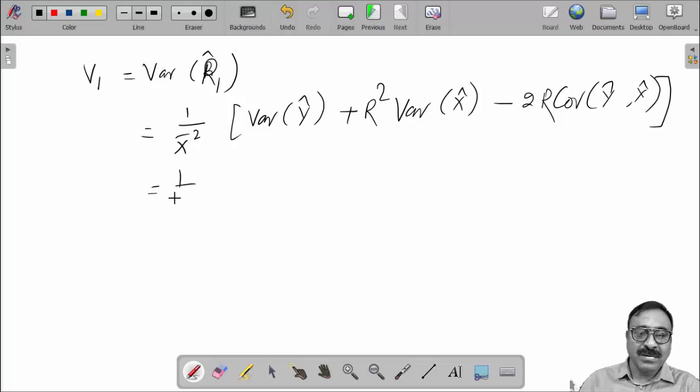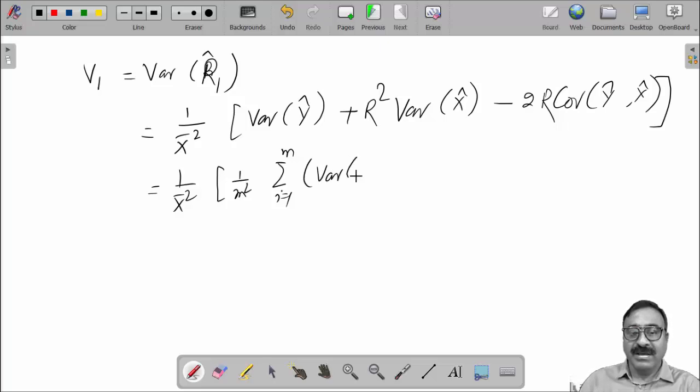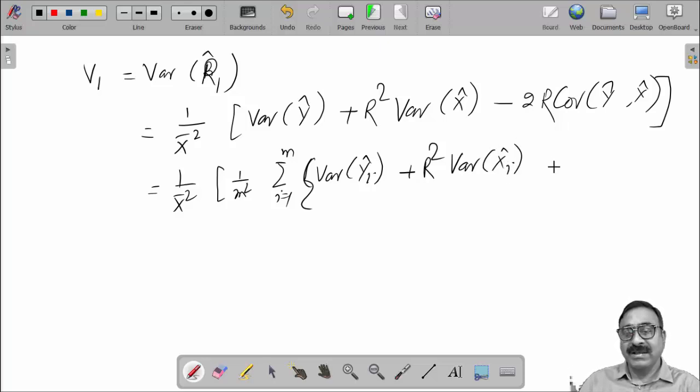Now this is equal to 1 by X bar square, 1 by m square summation i equal to 1 to m variance of yi cap plus R square variance of xi cap minus 2R covariance of yi cap, xi cap.